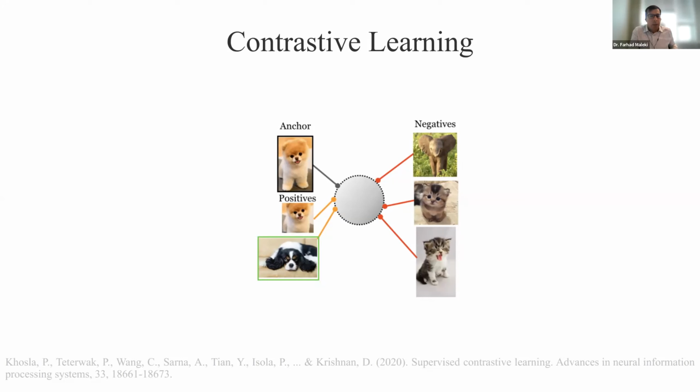This concept can be generalized to other types. For example, for tumors, benign tumors should be closer together in the embedding space, while benign and malignant tumors should be far apart in that embedding space. And by embedding, I mean the vector that the model gives us as output.